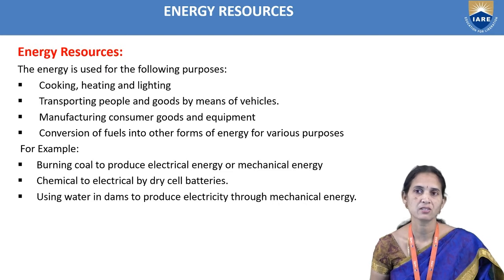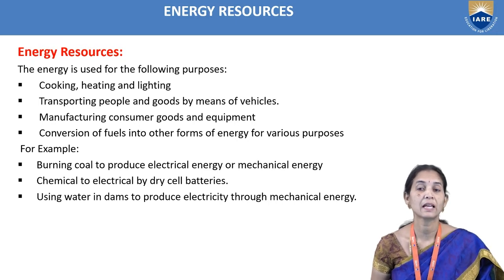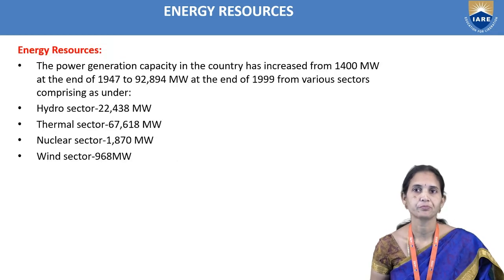We use the dry cell, that is a primary battery, where chemical energy converts into electrical energy. And using water in dams to produce electricity through mechanical energy. So all these are ways we can use energy in our day-to-day life.